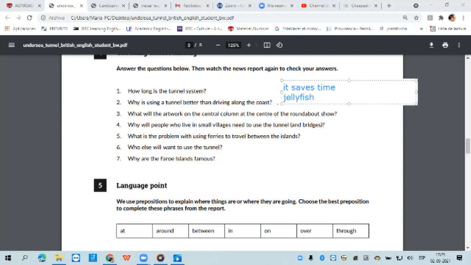The artwork is made in natural rock, but they said it looks like jellyfish. Medusa, right. The artwork will show a figure that reminds you of a jellyfish, but not only that.